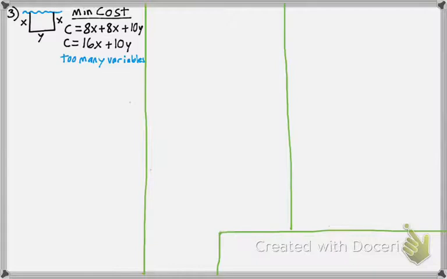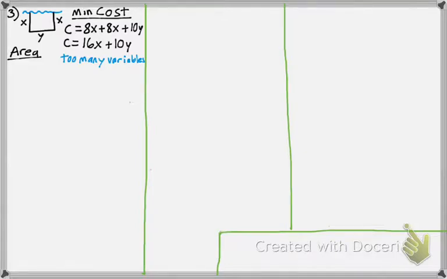So I need to find a second equation which will help me figure out how to get this in terms of just one variable. And that would be the area. If you look at the area, they say that the fence must be built around a rectangle with an area of 1,960 square feet.